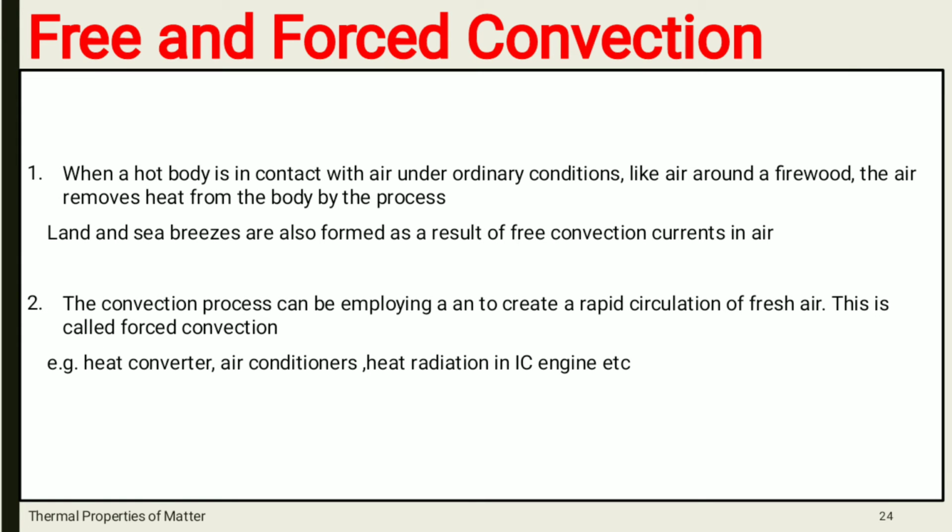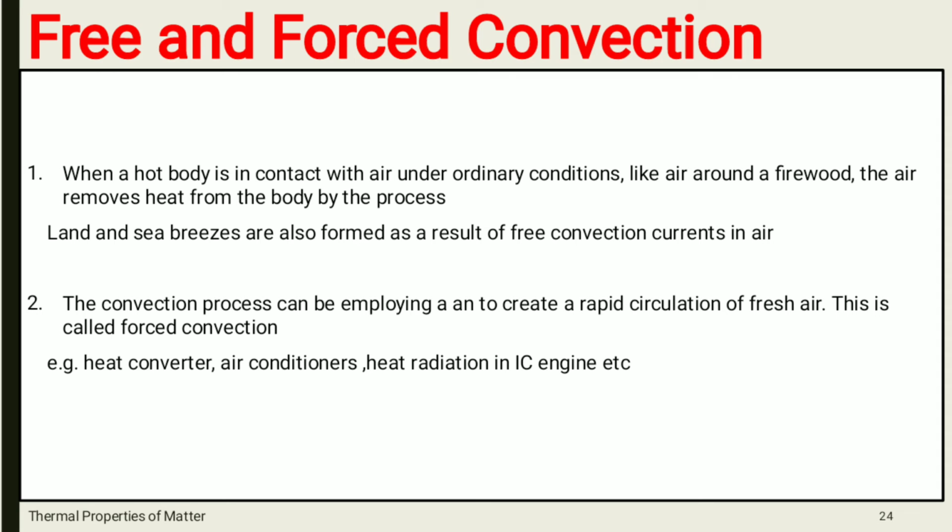Next point is free and forced convection. The convection which happens naturally is called free convection, and forced means artificial convection. When a hot body is in contact with air under ordinary conditions, like the air around firewood, the air removes heat from the body by this process.